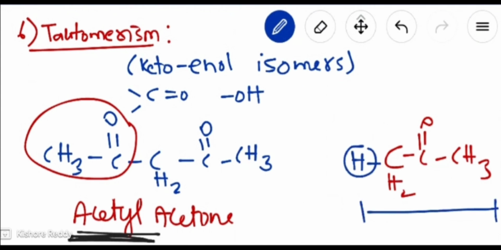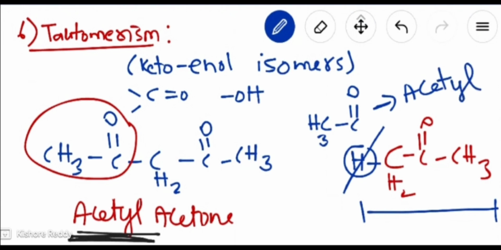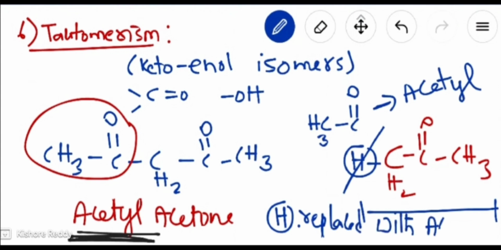CH3, CO, CH3. 1 H is replaced with CH3CO group. What is meant by CH3CO group? This is called as acetyl group or acyl group. Understood? So H replaced with acetyl group. Therefore, the compound is called acetyl acetone. Clear? Understood, no?